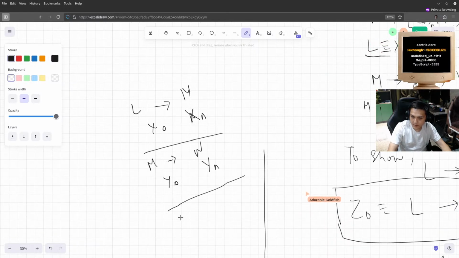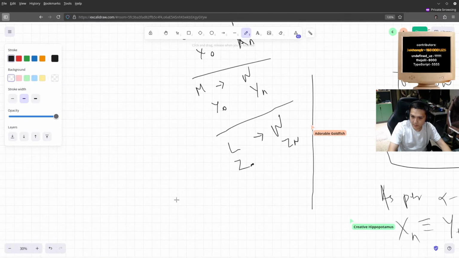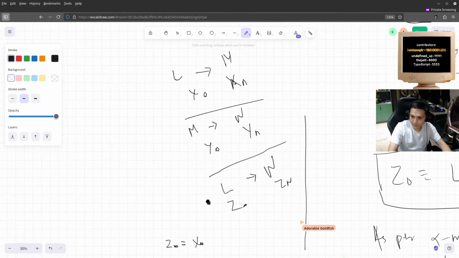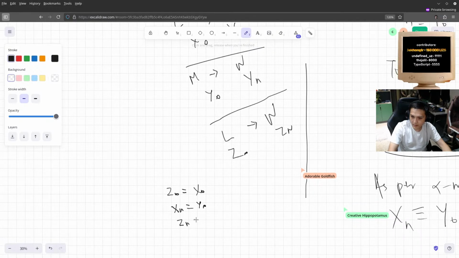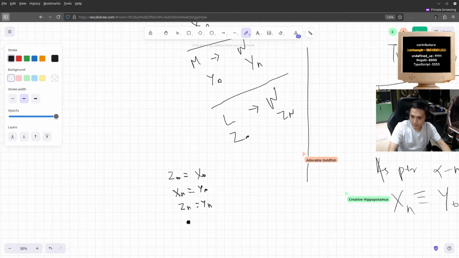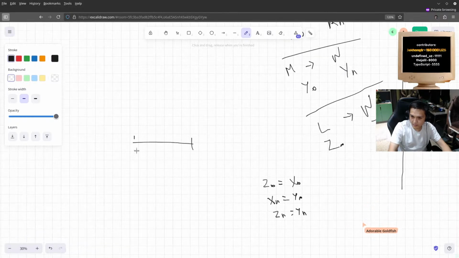Now we're specifying L to N, which is z0 to zn, but we can specify that z0 is actually x0, the middle part xn is y0, and zn is yn. Therefore we have two ranges, and we are chaining them.